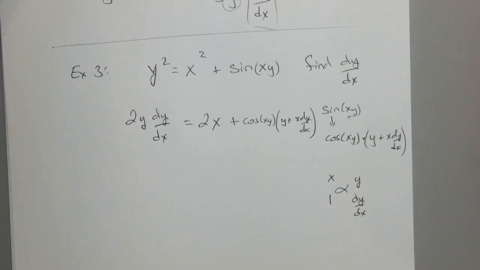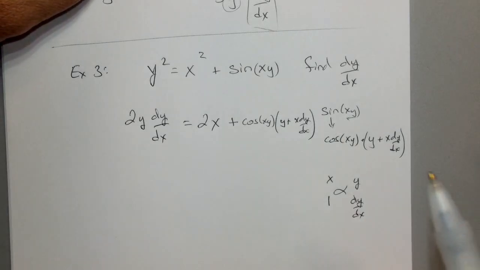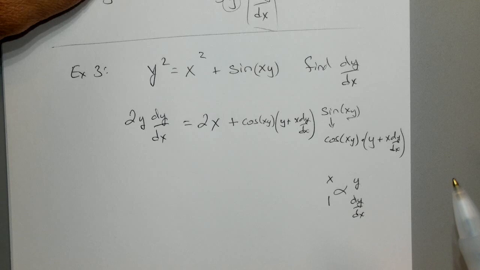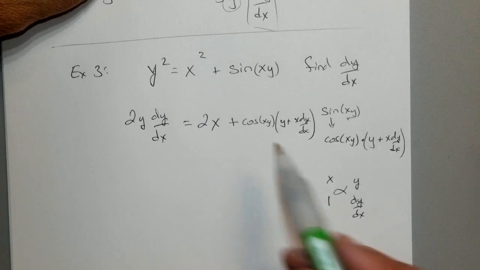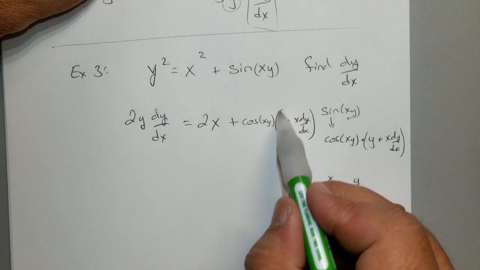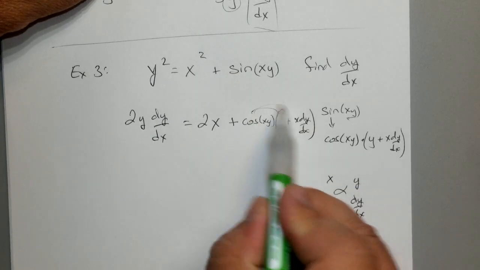Now what do you got to do? What are we solving for? Solving for dy dx. So we have to get dy dx on one side, but this side's in a parenthesis, so we have to distribute.